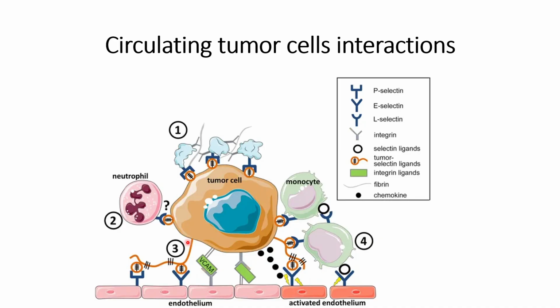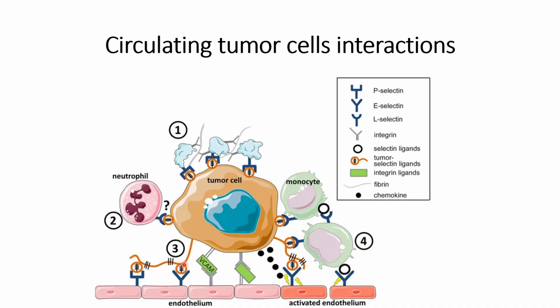The third way that tumor cells interact is through the endothelium cells, via P-selectin and also E-selectin. This interaction helps in the adhesion of the tumor cells.